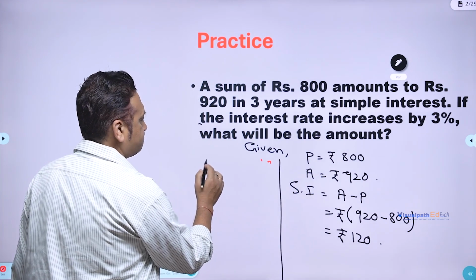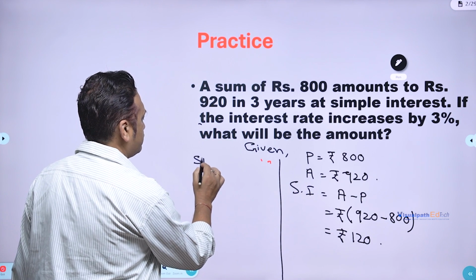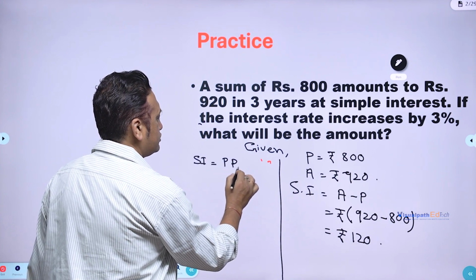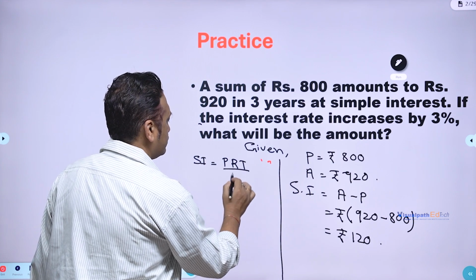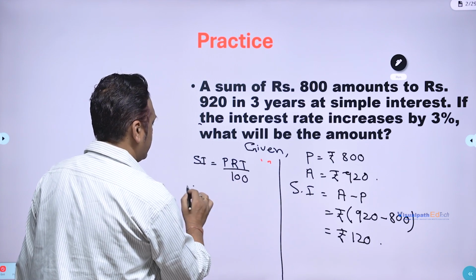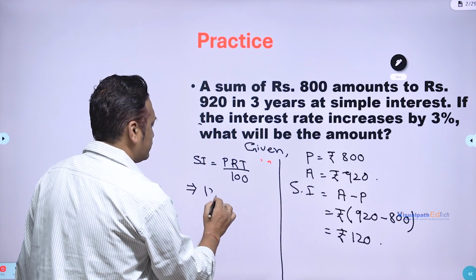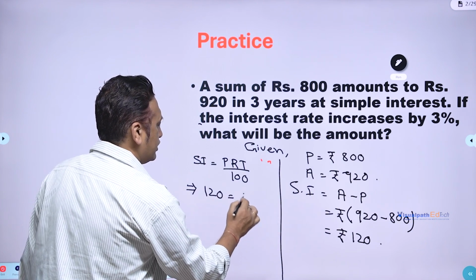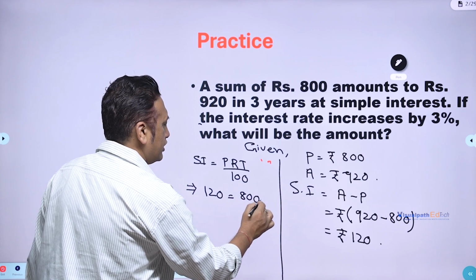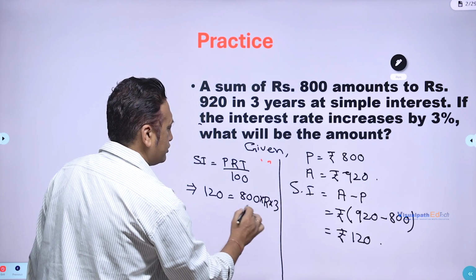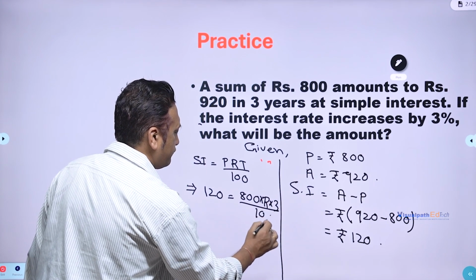Since we know simple interest is equal to P R T by 100, we'll be putting the values. Simple interest we have calculated is 120. Principal is 800. Rate is not known to us, so that's R. And T is 3, divided by 100.